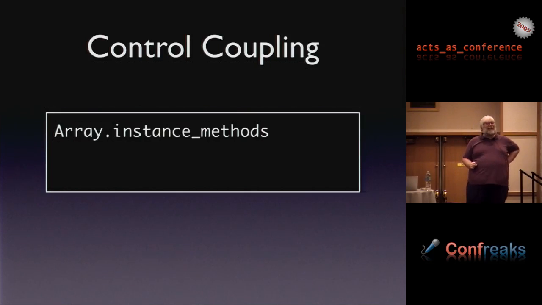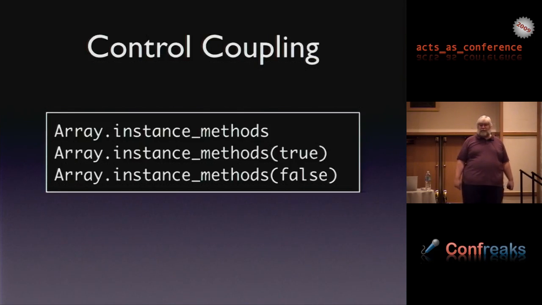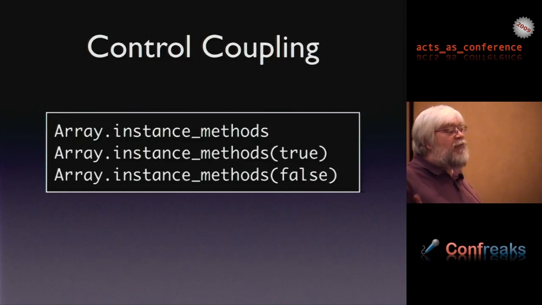Depends, thank you. It returns a list of instance methods for the array class. Which instance methods? Well, it depends on whether you pass in a true or a false. One of these returns a list of all the instance methods available in the object.